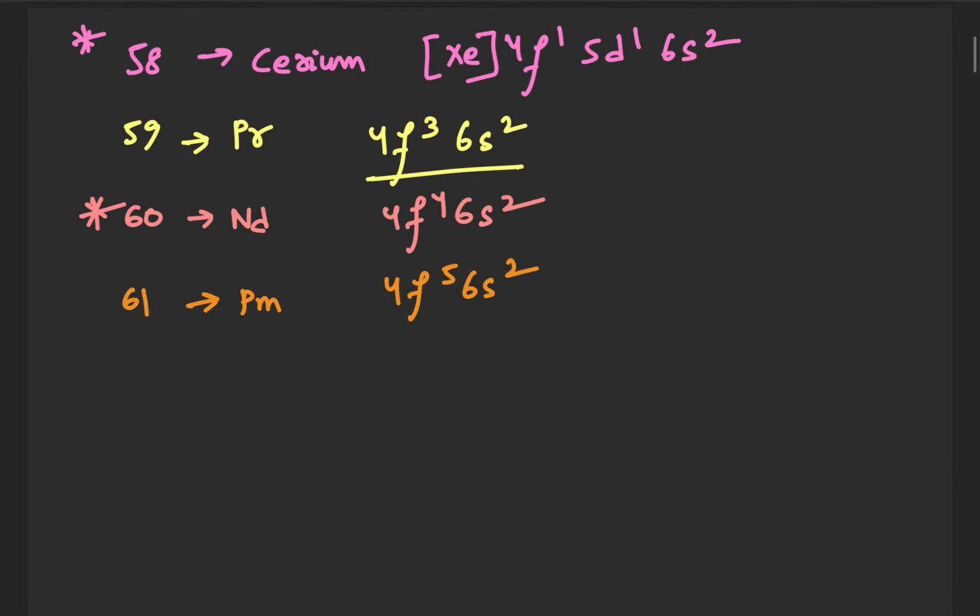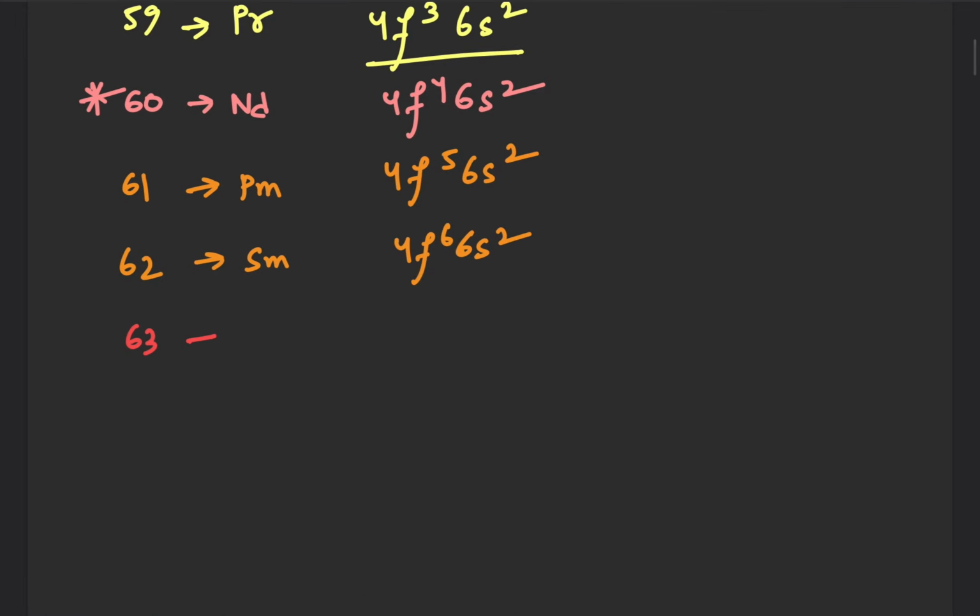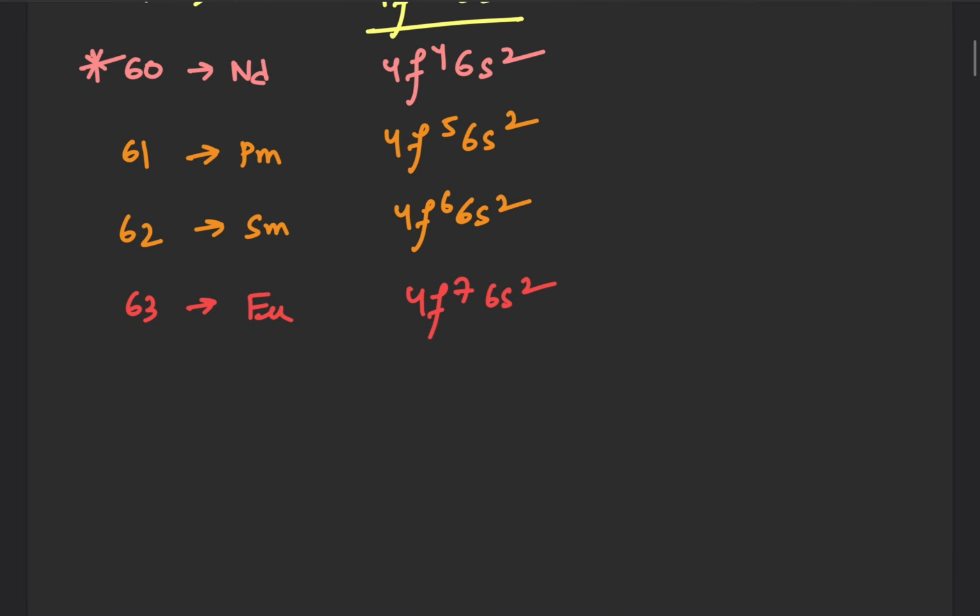Then we have samarium, configuration 4f6 6s2. Then we have europium, configuration is 4f7 6s2. Then we have gadolinium, configuration 4f7 5d1 6s2. Important.